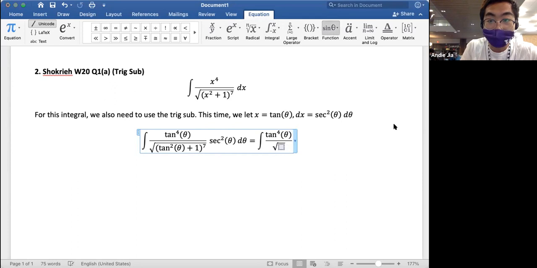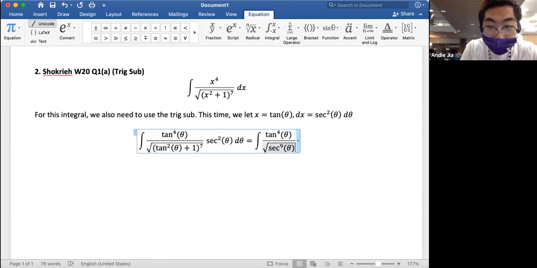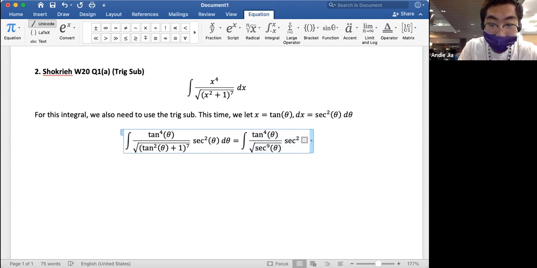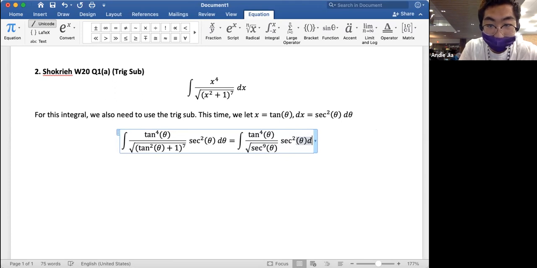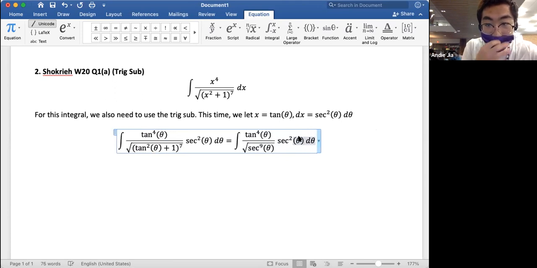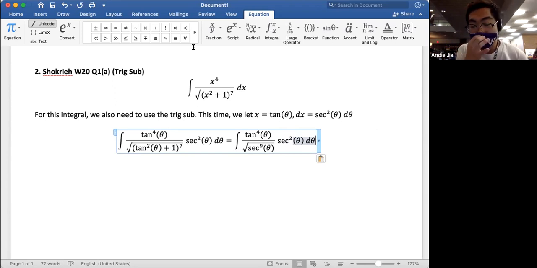Then we have secant squared of theta, and then d theta. So if you factor this out, it's going to be tangent to the 4th over secant to the 7th. So does this make sense to you?